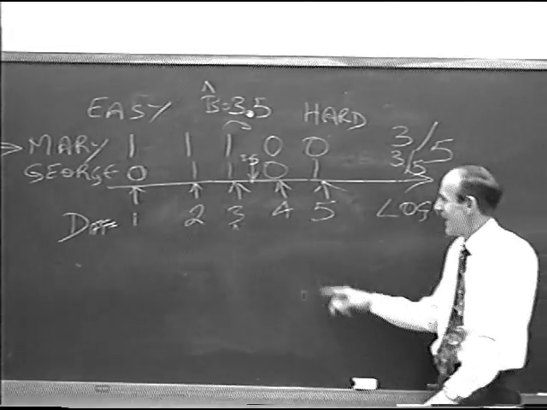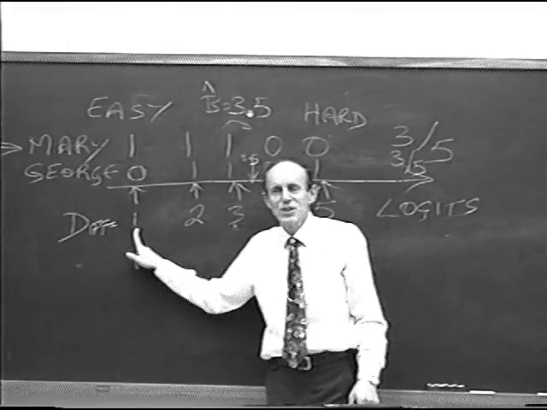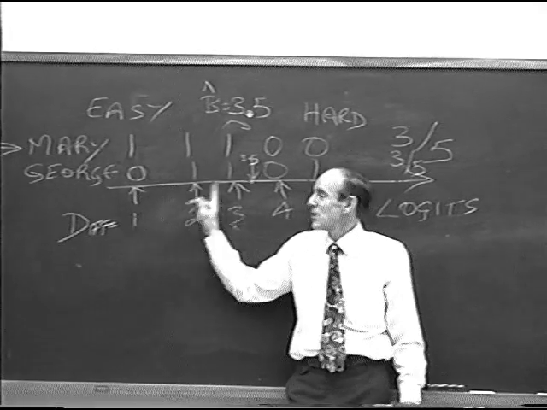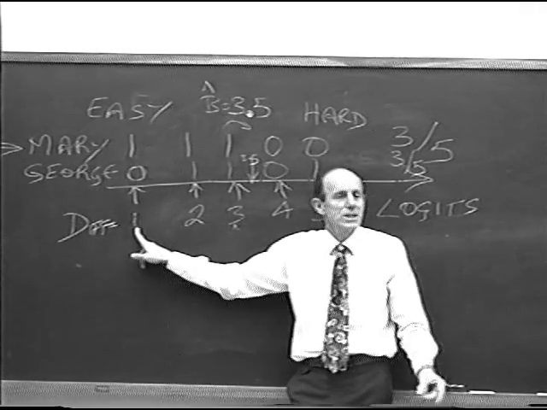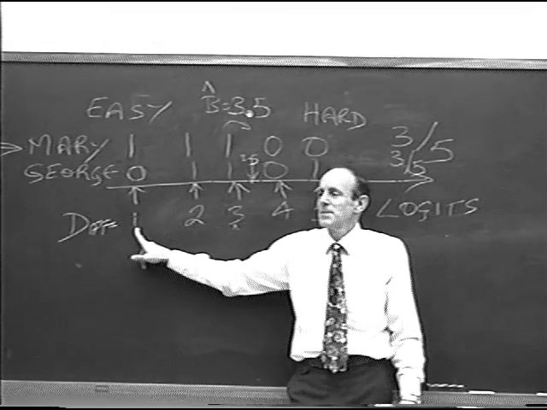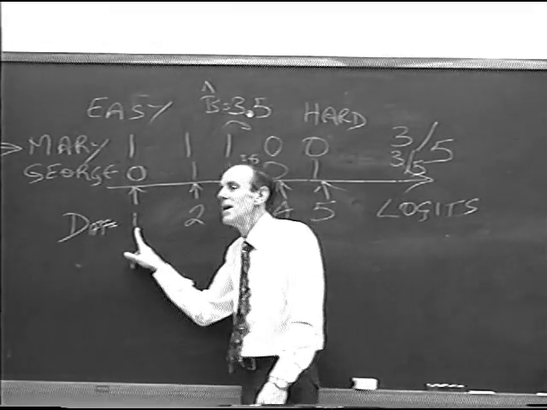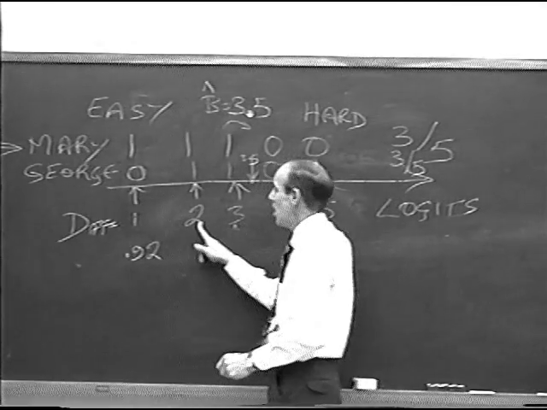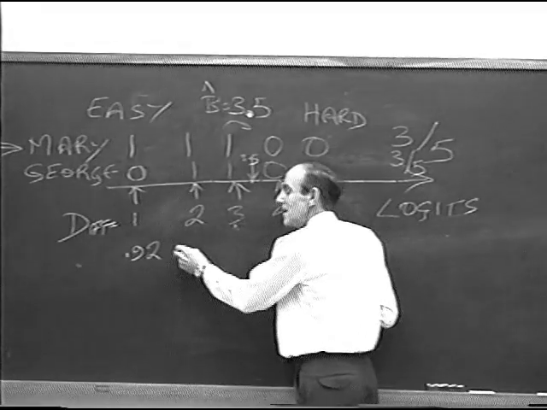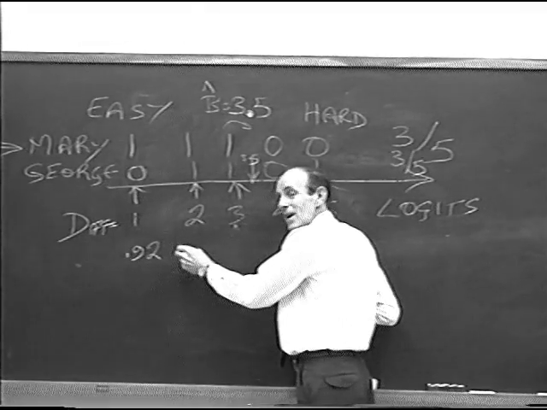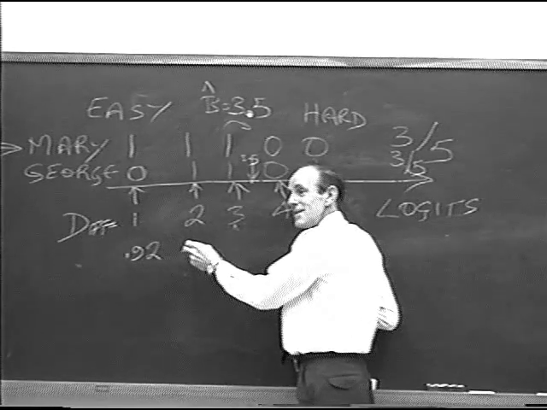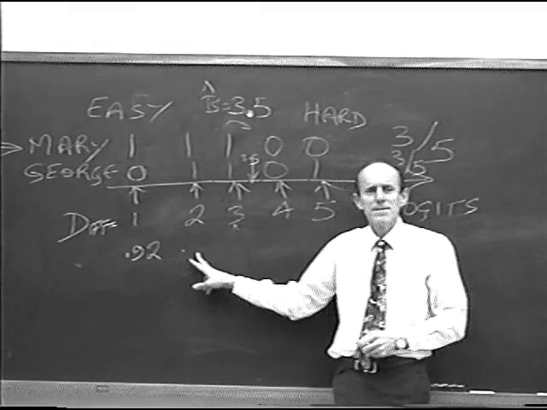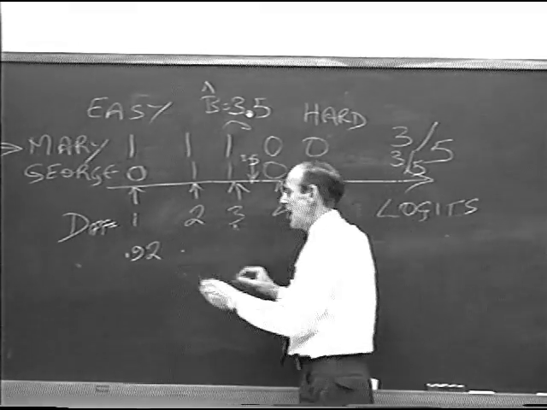All right. She's 2.5 logits smarter now than the easiest item. She's at 3.5. The easiest item is at 1. So what's her probability of success expectation? 0.92. All right. She's 1.5 logits above this. It's got to be above 0.5. 0.82.